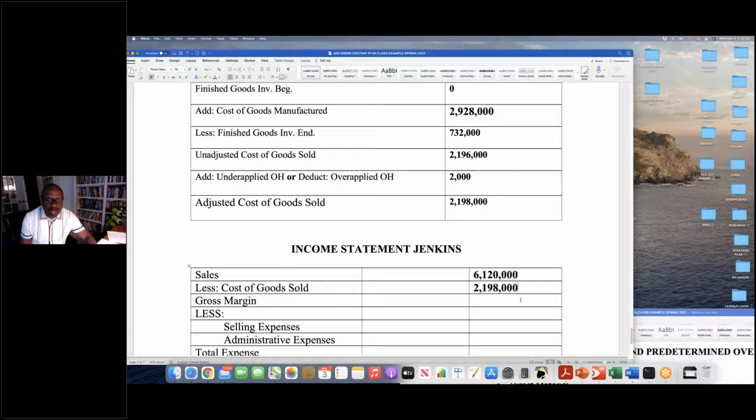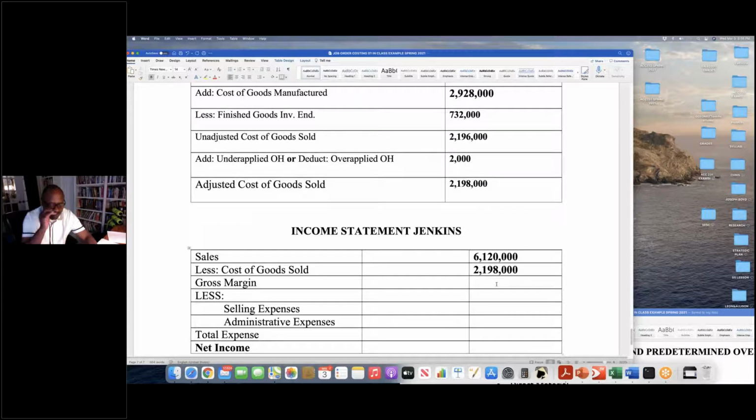So our gross margin is how much? $3,922,000.